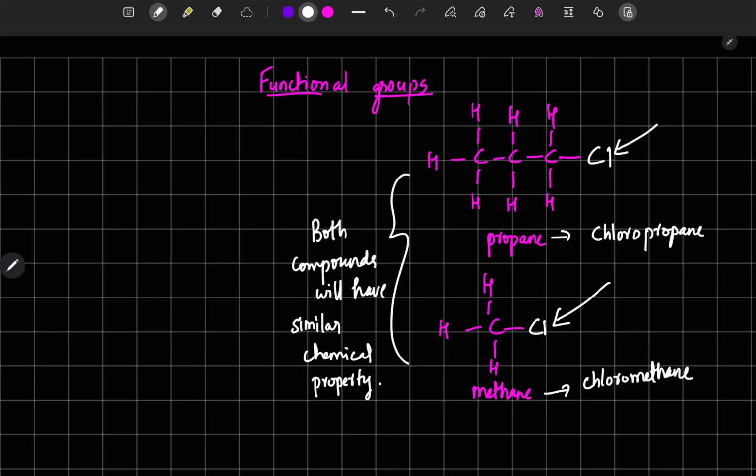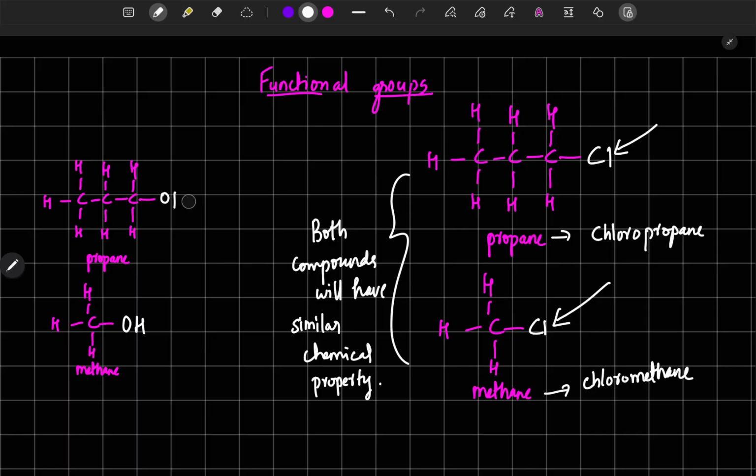Let us look at one more thing. Similar to this, I will copy these two molecules. I have pasted the same molecules here. I already told you that the two on the right side will have the same chemical properties because of the chlorine atom. Now imagine this Cl is replaced by one OH group, that means one oxygen and hydrogen bonded.